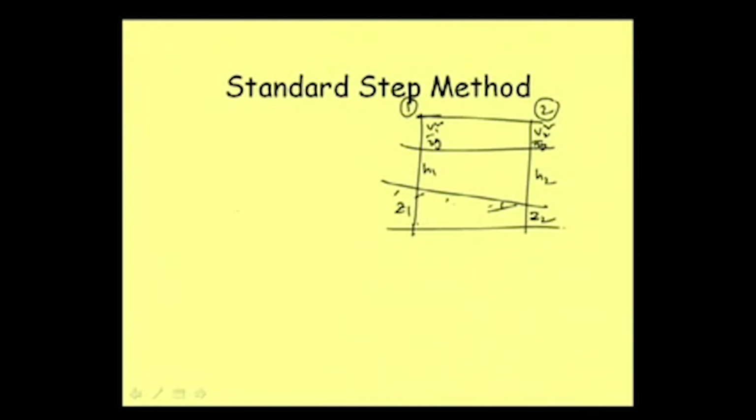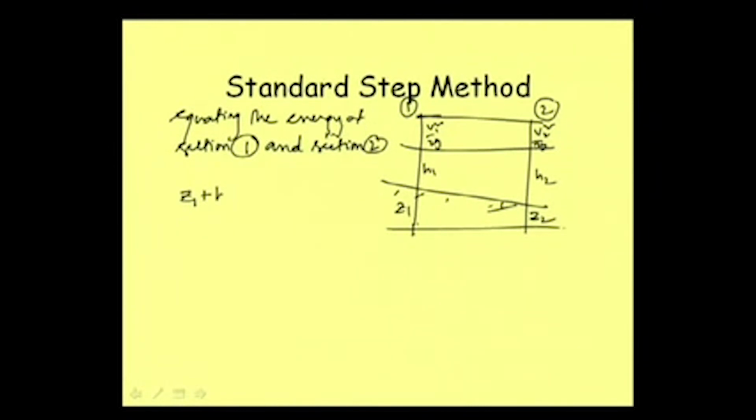Now we can write, equating the energy at section 1 and section 2: Z1 plus H1 plus V1 square by twice g is equal to Z2 plus H2 plus V2 square by twice g.